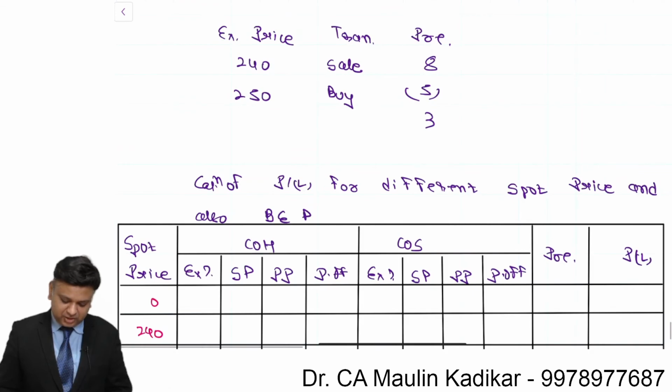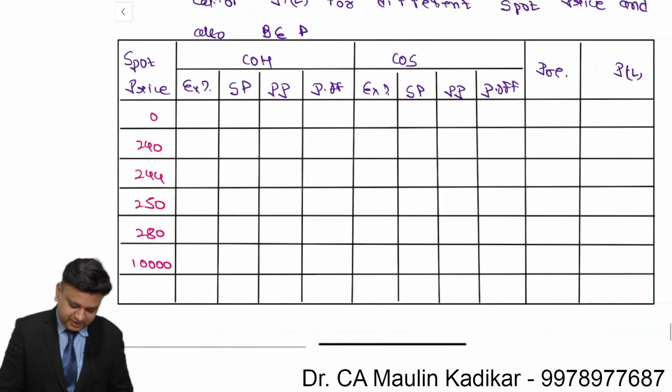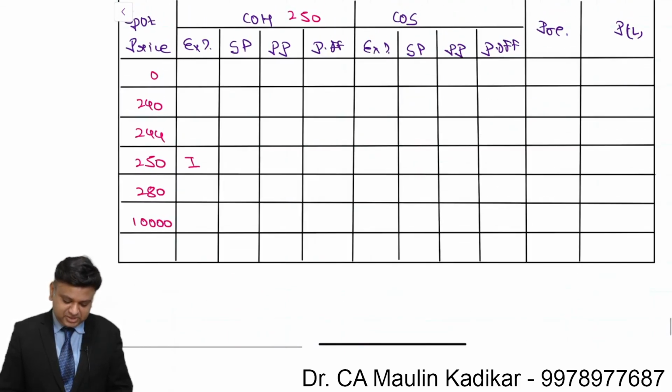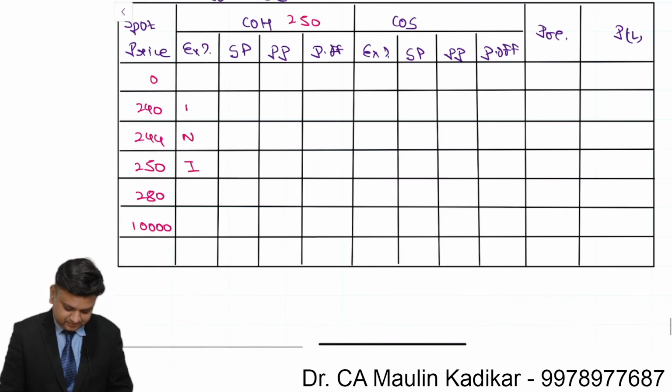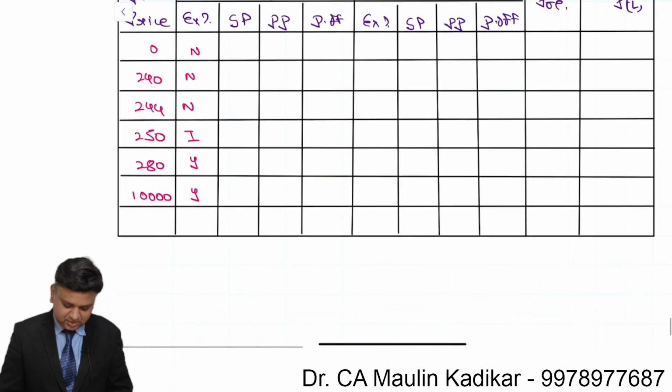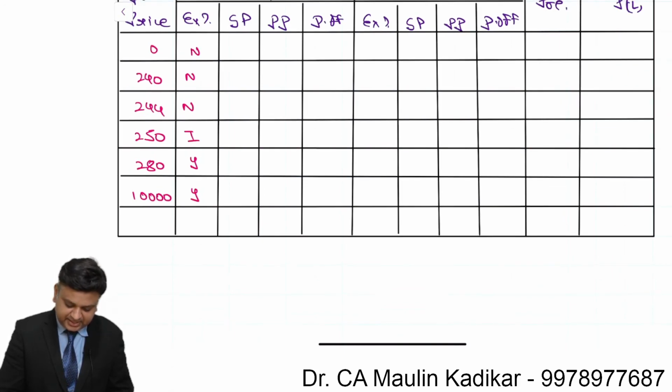So you have purchased call option with exercise price of 250. So at 250 you are indifferent. Price is low, you will not exercise. Price is high, you will exercise. If you do not exercise, then in that case the payoff will be 0.